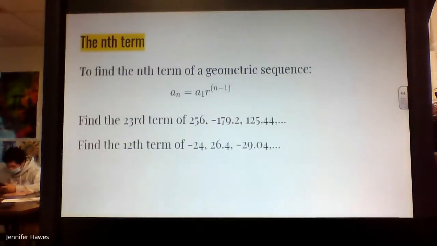All right, so here's your little formula for your nth term of a geometric. I'll kind of write these down here. And everything's going to kind of mean the same thing, except for you don't have a common difference. You have a common ratio, and that's what your R is.